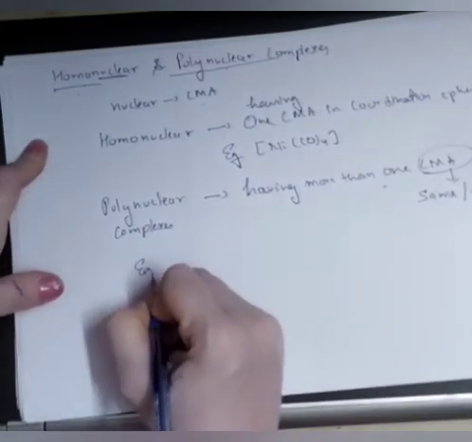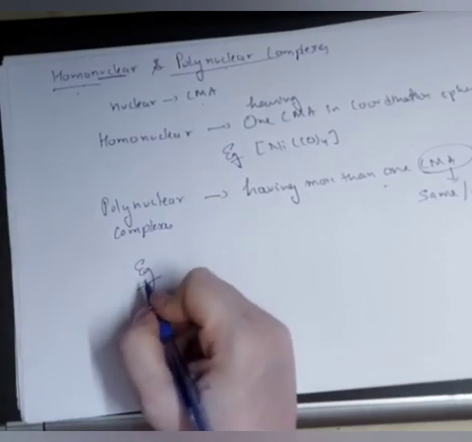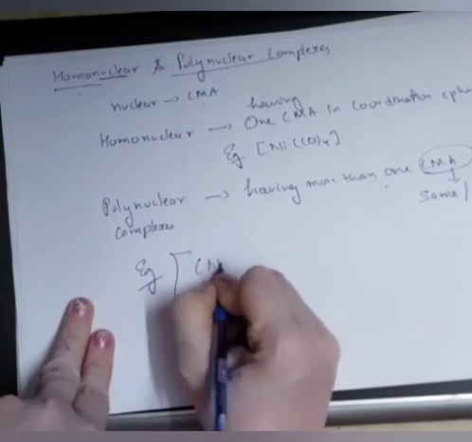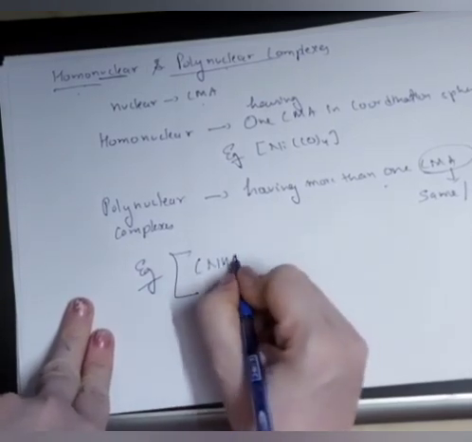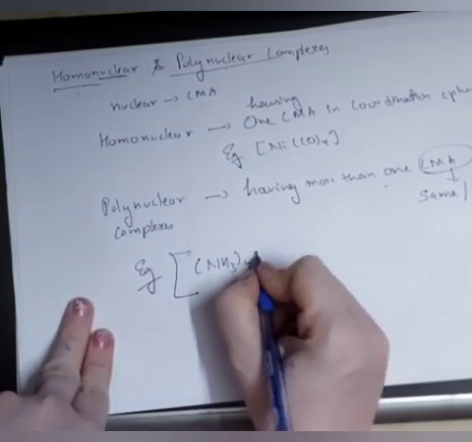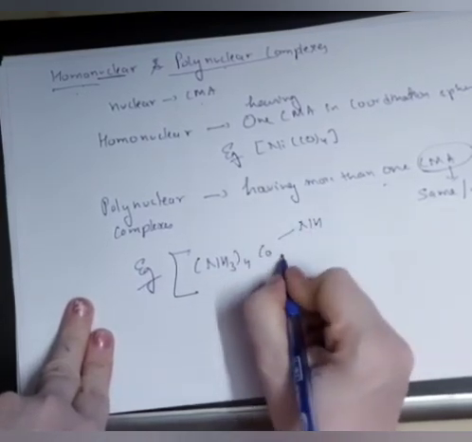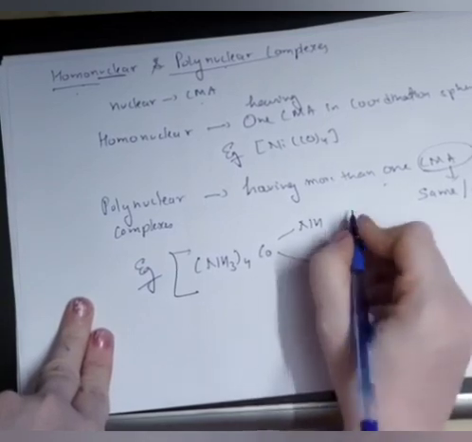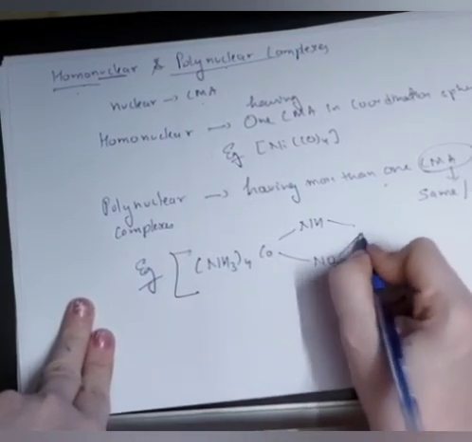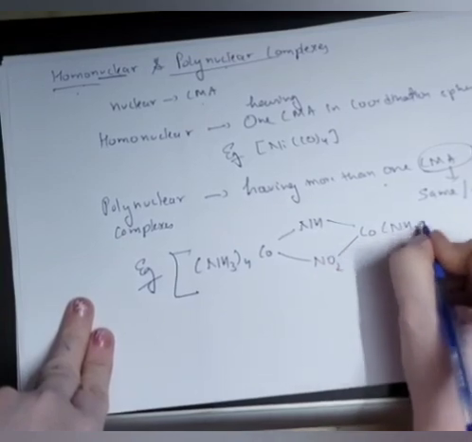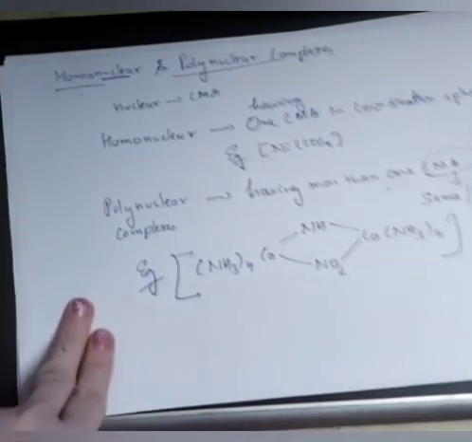Now see the example, like (NH3)4Co(NH2)(NO2)Co(NH3)4.